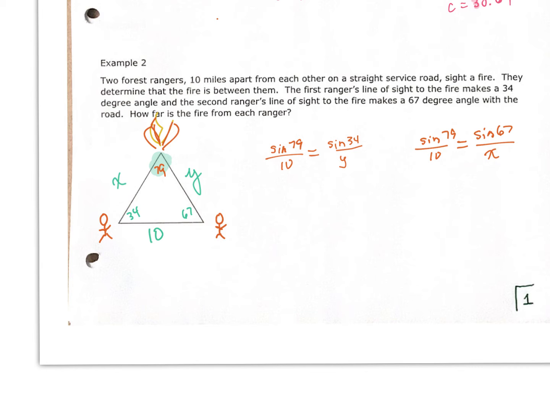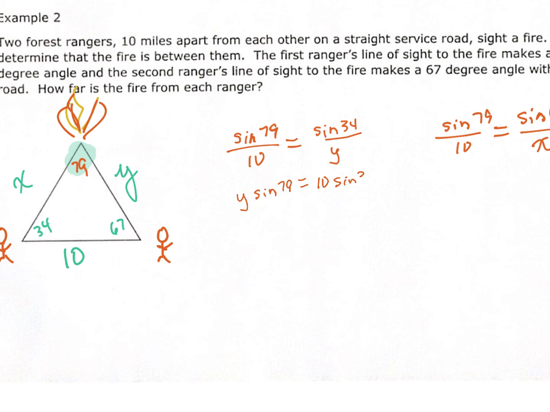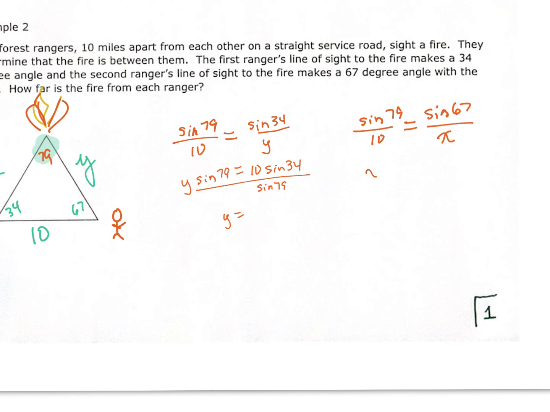All right, then we've got to cross multiply. So we get y times the sine of 79 equals 10 sine 34, and x times the sine of 79 equals 10 sine 67.